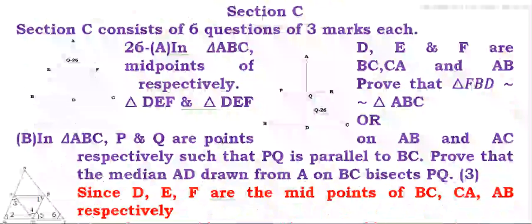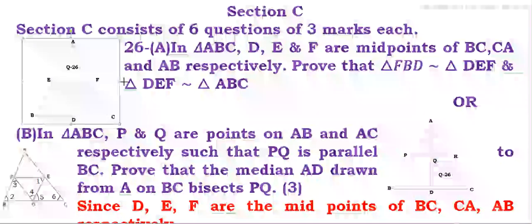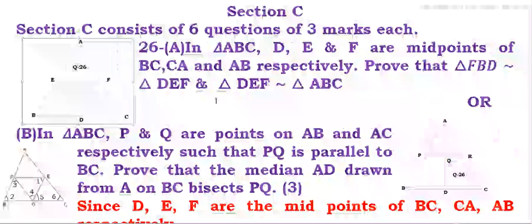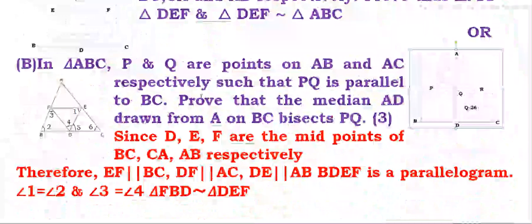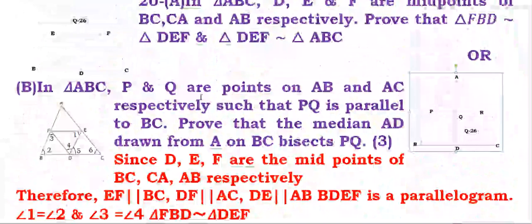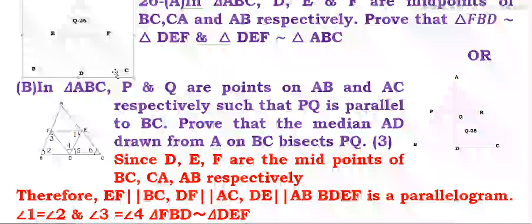Section C. In triangle ABC, D, E, F are the midpoints. It means they are dividing all sides in an equal ratio. So we have to prove the triangles are similar. In this case, AE by EB is equal to AF by CF, because these are the midpoints.